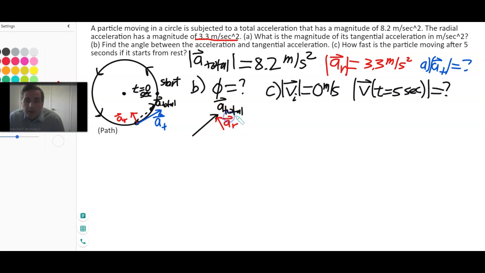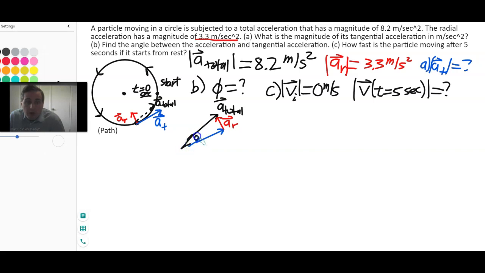AR vector. And then we also know AT. Hopefully you're getting the notion that when we add these vectors together, they form a right triangle.